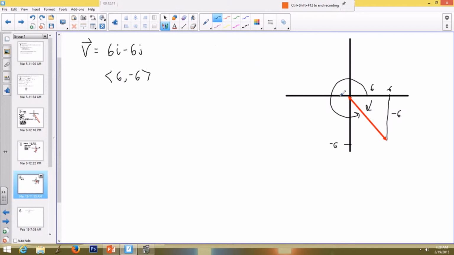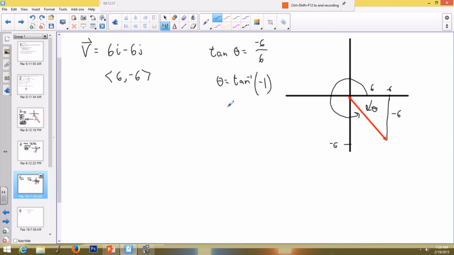That's fairly simple. I've got an angle theta here. There's the opposite side, there's the adjacent side. So I can say that the tangent of theta is equal to opposite negative 6, adjacent positive 6. So theta equals the inverse tangent, the arctangent of negative 1.